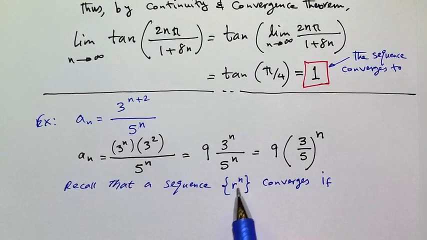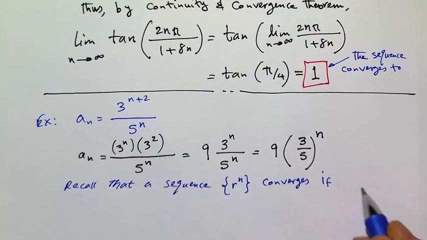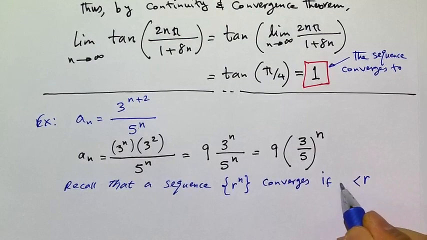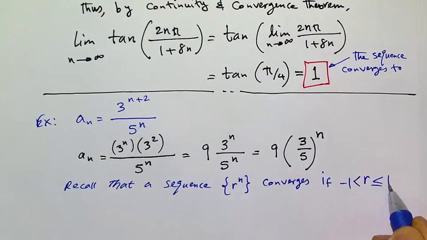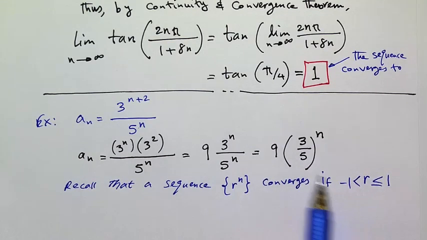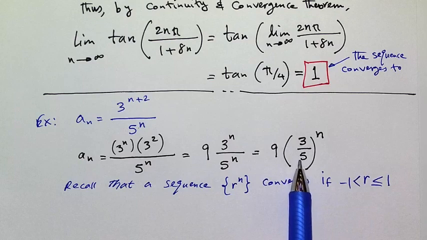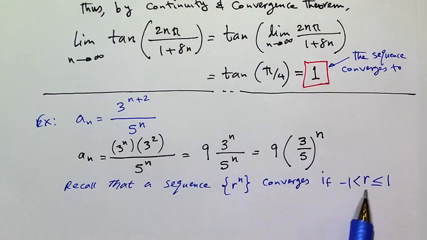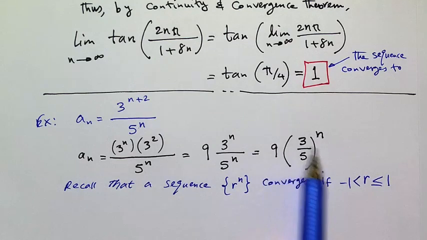If this base r is between -1 and 1. So if r is greater than -1 and less than or equal to +1. Okay, so that will come in. So that's certainly the case here. So 3/5, which is the r, the base of that power, is somewhere between -1 and 1. So we can conclude that that sequence converges.